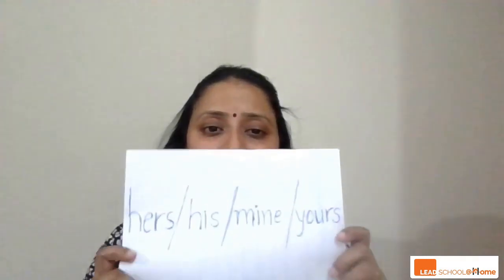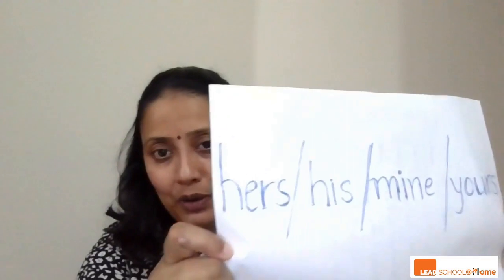Now, students, what we are going to do is, I'm going to show you an item, anything like a pen, right? And I will ask the question, whose pen is this? And you have to complete the answer with any one of these words. Can you see them clearly?